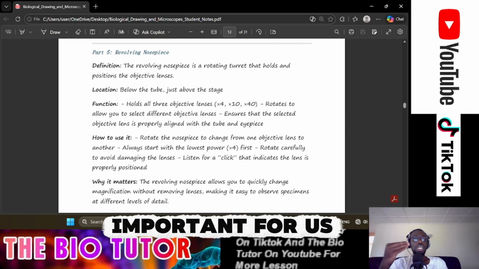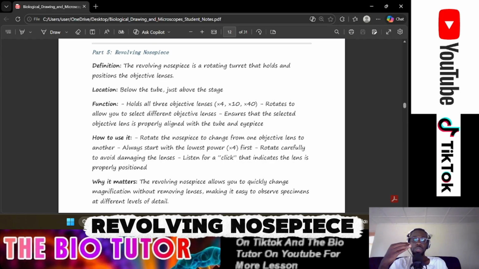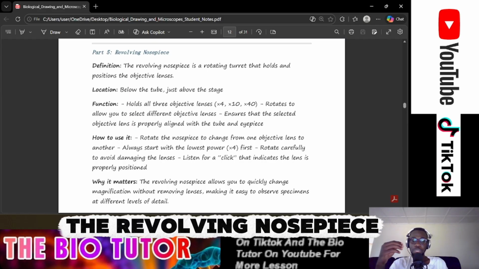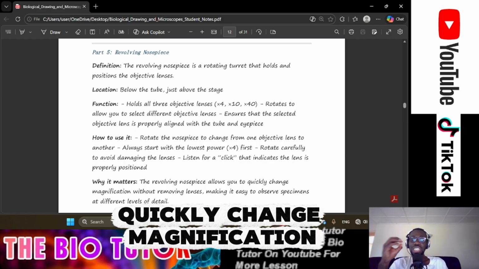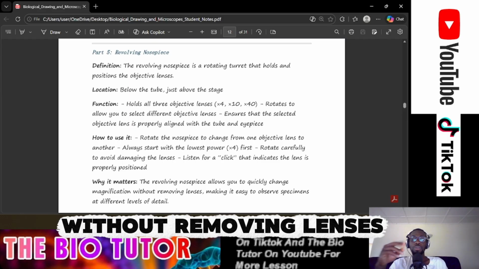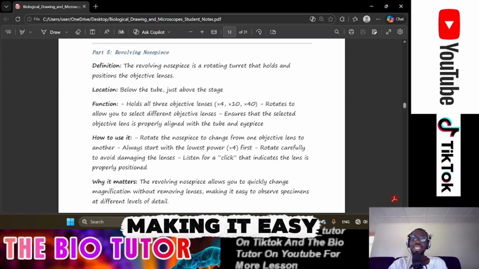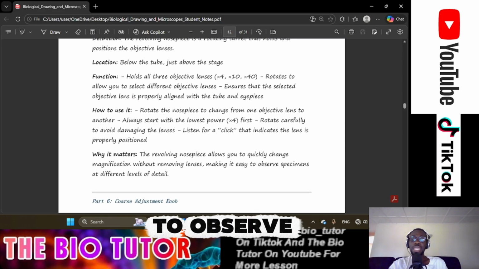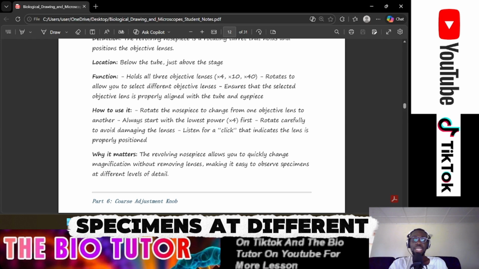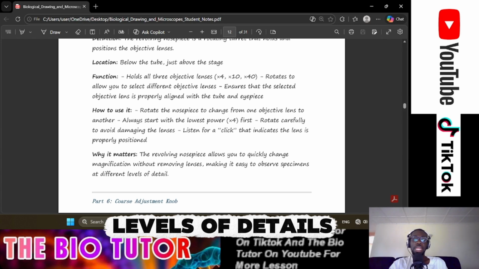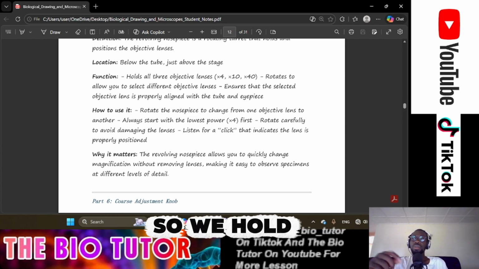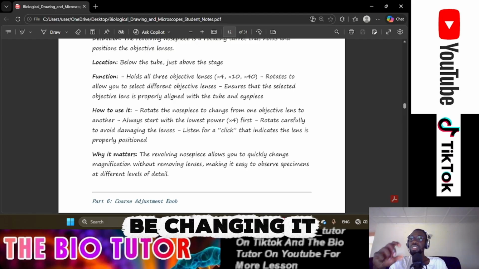Why is it important for us to use the revolving nose piece? It allows you to quickly change magnification without removing lenses, making it easy to observe specimens at different levels of detail.